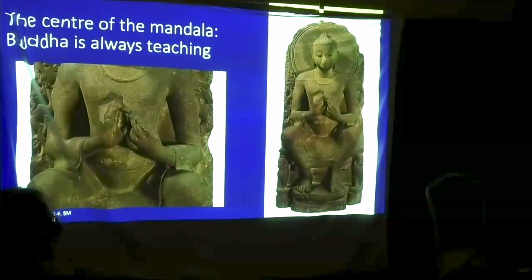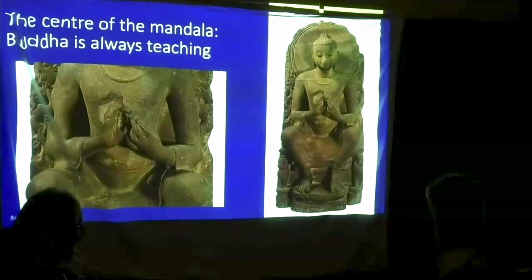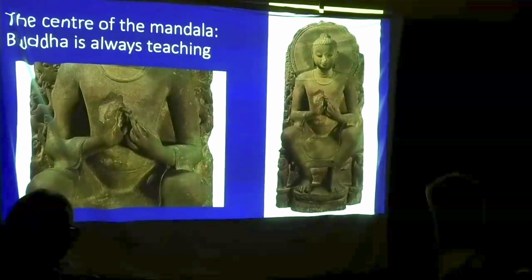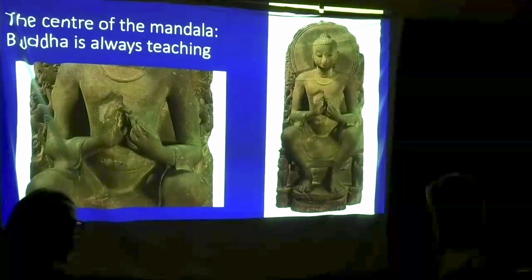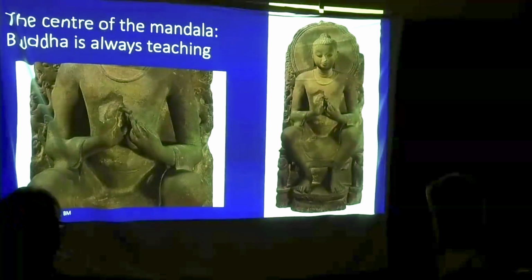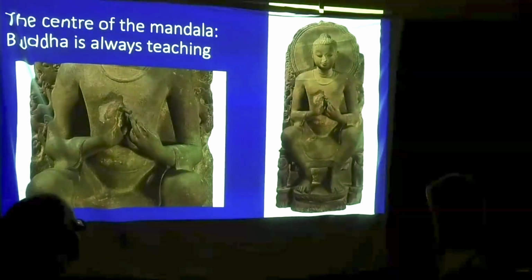But it's also a bit like his teaching as well. It's got a little point to make. So there are these 2 things together, turning the wheel of the Dharma, but also gesturing as if he's giving you a fine point of Dharma that he thinks you could just handle. You can get it.